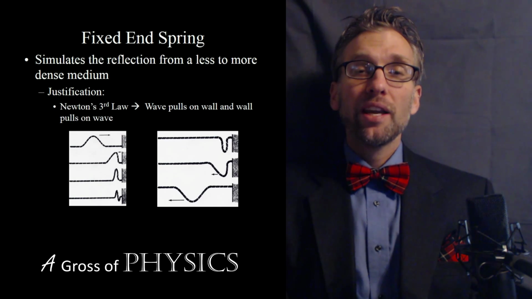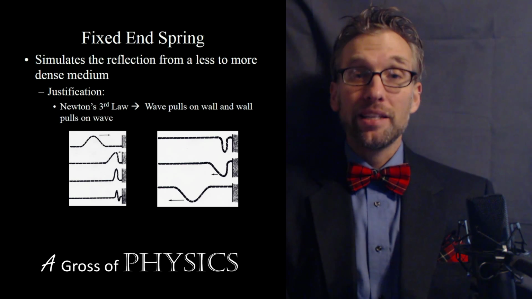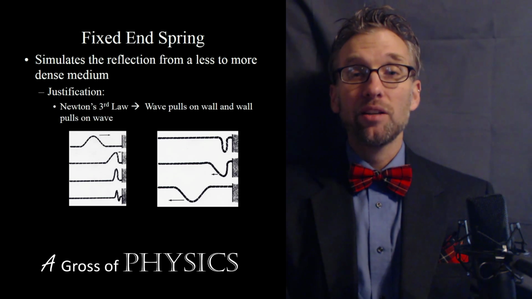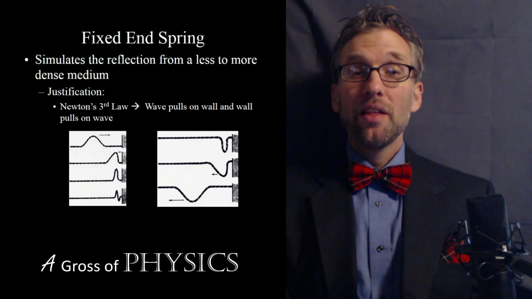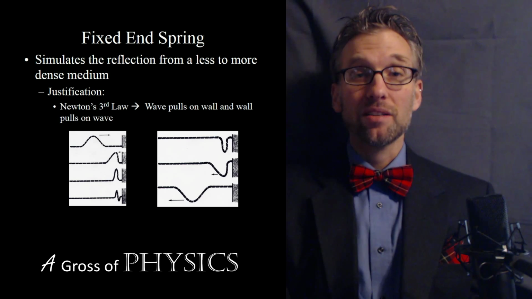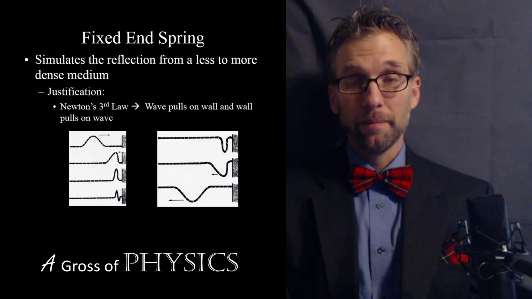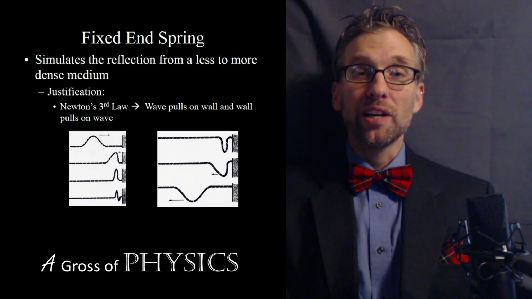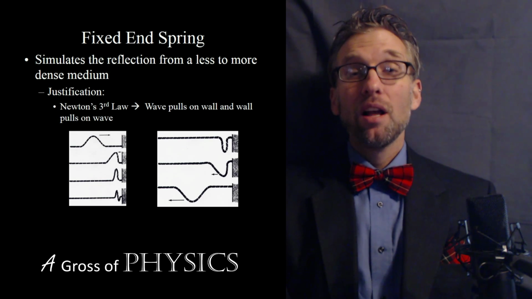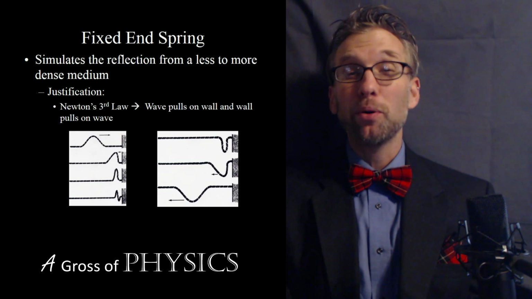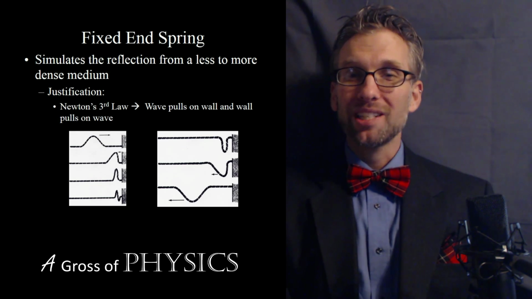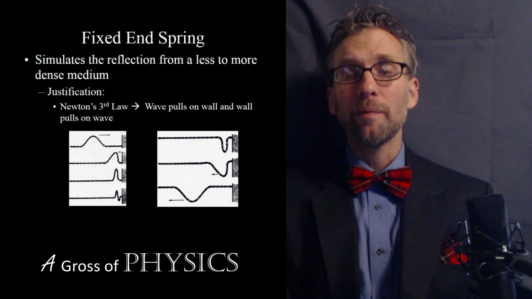Now, we do have some analogies to help us visualize this. One is thinking of a slinky type wave, so a wave that is sent using a slinky, and it is fixed on one end. That simulates less to more dense. As the wave's traveling, it comes forward as a crest, let's say. When it hits the boundary, because it's fixed, the crest, that part of the wave that is hitting the wall, it's going to try to pull on that fixed point, almost like tying the slinky to the wall.